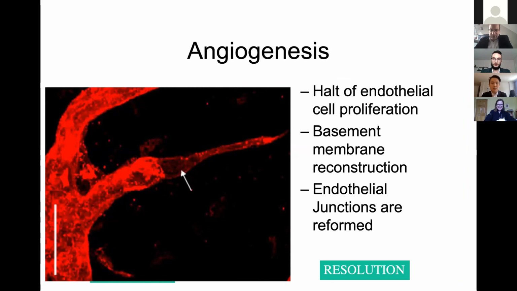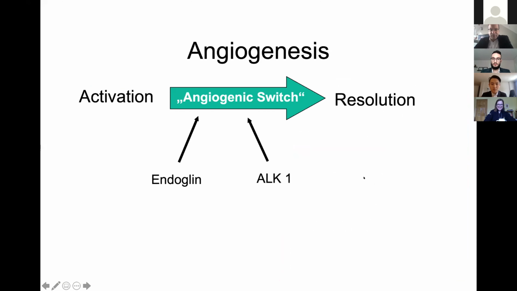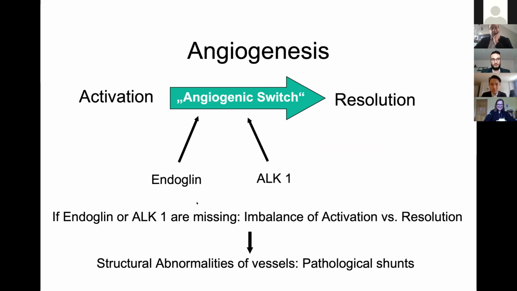What HHT is doing is that there is an imbalance between the activation phase and the resolution phase. The activation phase has to be switched off to go into the resolution phase, and this is what the gene products that are defective in HHT are mediating. Therefore, if you have a problem with these gene products, there will be an imbalance of activation versus resolution phase, and this can lead to structural abnormalities of vessels, i.e., abnormal arteriovenous connections.